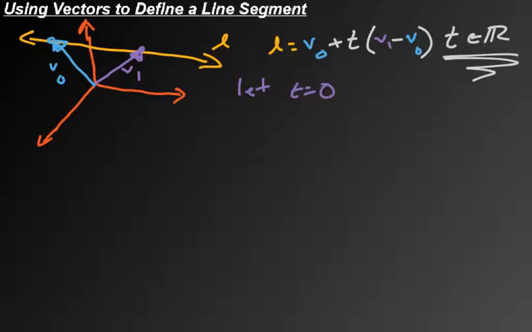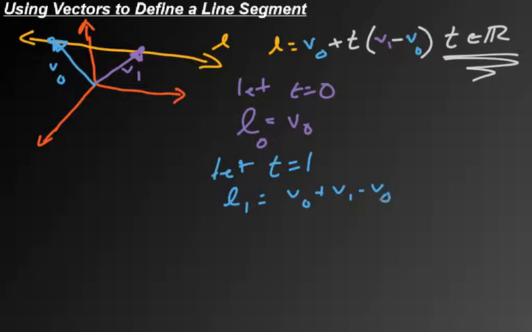That's going to mean the above vector equation reduces to the line, I'll call it L0, which is just V0, because that whole second term goes away. If I let t be 1, I'll call this L1, it would be V0 plus V1 minus V0, or just V1, right?